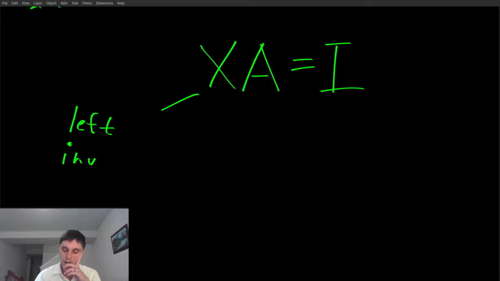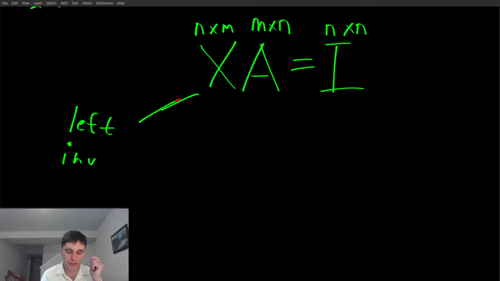One thing to think about here is if A is m by n, that means the identity matrix is square, so it needs to be n by n, which means that X needs to be n by m. Okay, that's left inverse here.